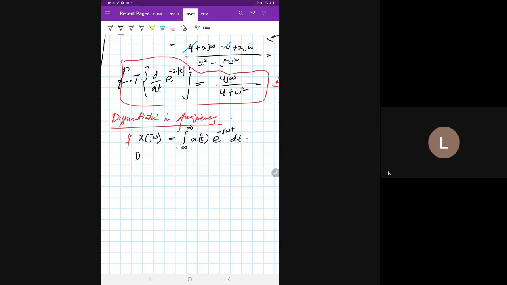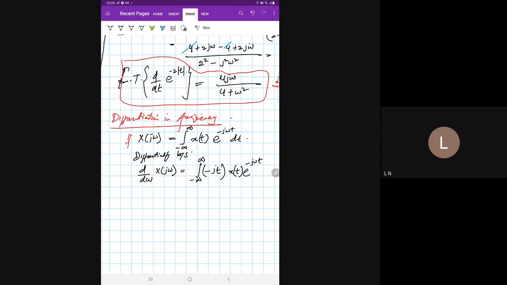If we differentiate the above signal on both sides, what will we have? d by d omega, differentiating with respect to frequency, of X of j omega will be equal to the integration from minus infinity to plus infinity of minus j t into x of t, then e raised to power minus j omega t.